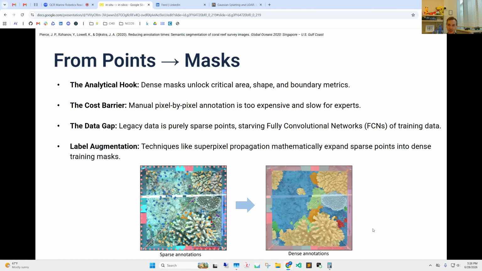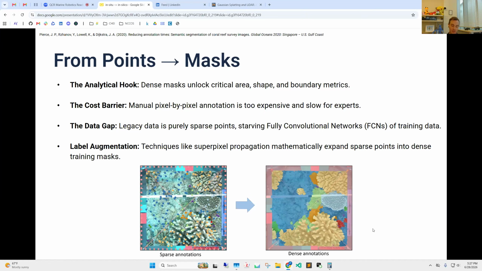And that three-dimensionality, which we'll talk about later, is extremely important. So we had this problem. We had millions of these point annotations, and they were useful for patch-based image classification, which was done in CoralNet, but we didn't really have any dense masks, which were needed to train models like FCNs or UNets.